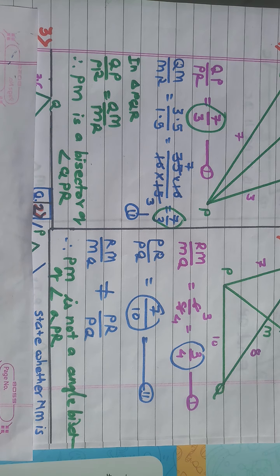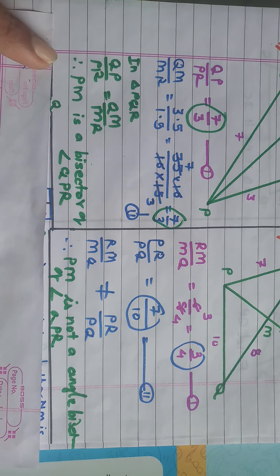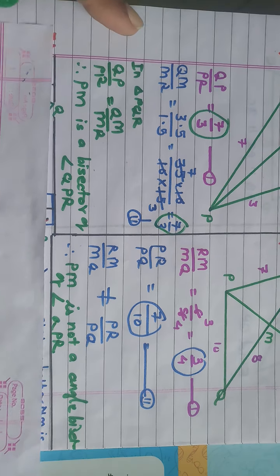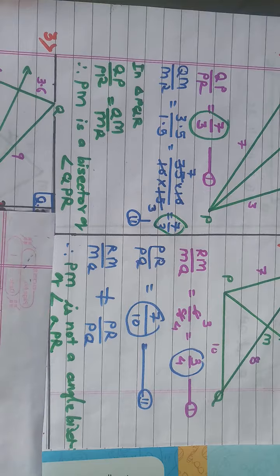Okay, if both the ratios are equal, then this will be the bisector, and if both the ratios are not equal, then it is not a bisector. Let's see question number 3.